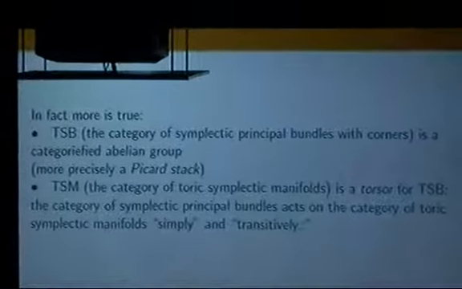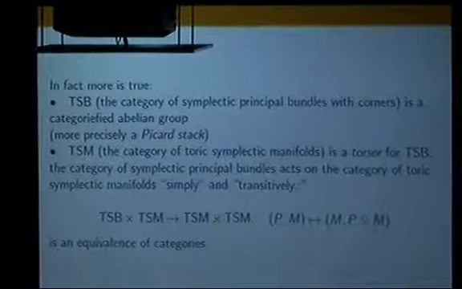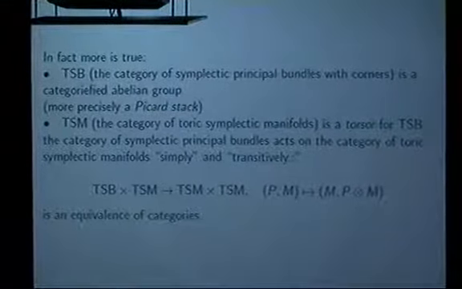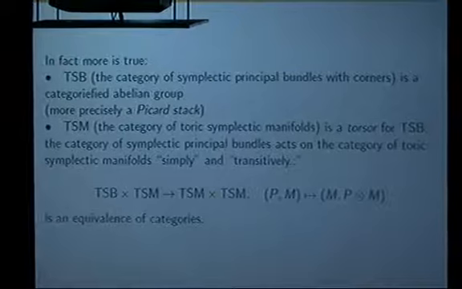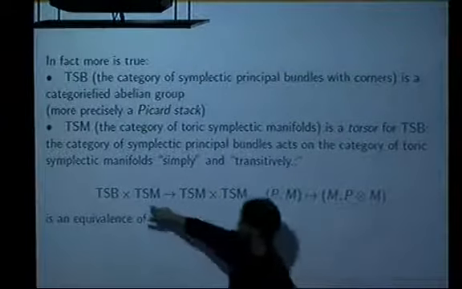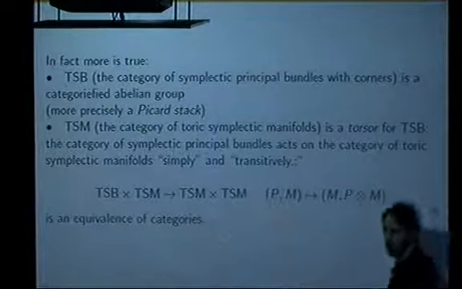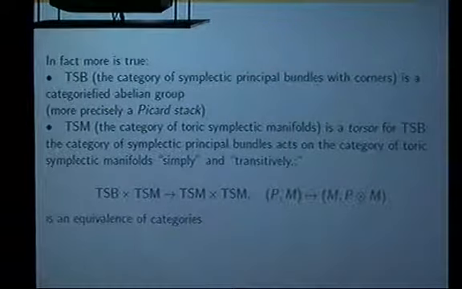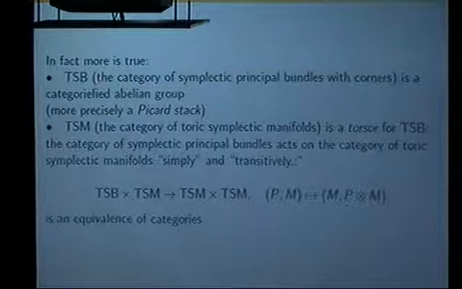But there is an action like this. And simply transitive means that this functor from here to here is an equivalence of categories. So you could take one symplectic toric manifold and start twisting it by the torus bundles, and you keep getting new symplectic toric manifolds. In fact, you get all of them.